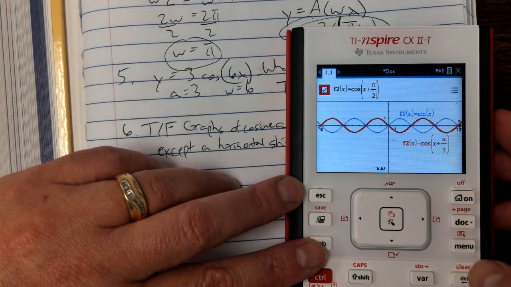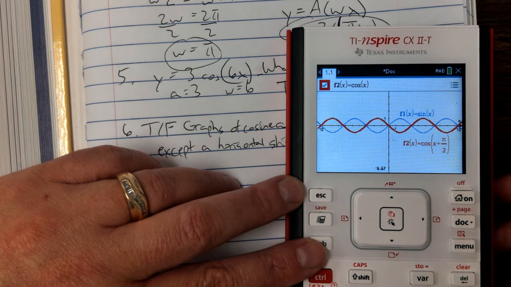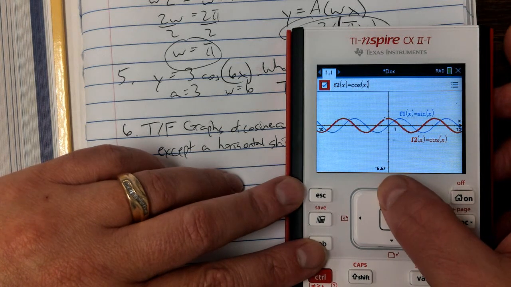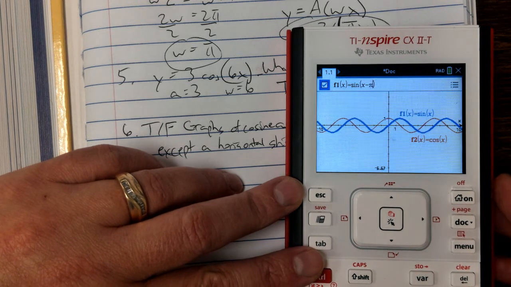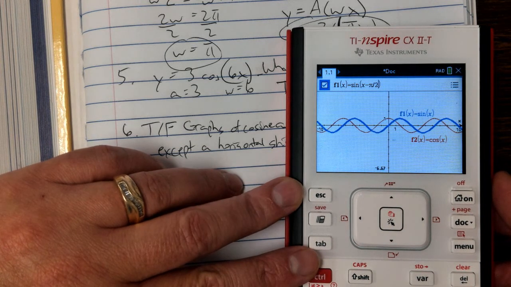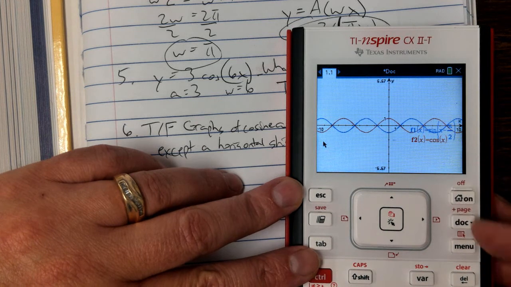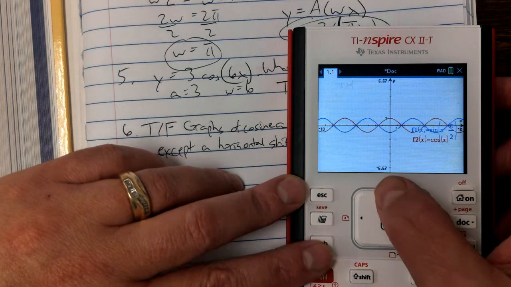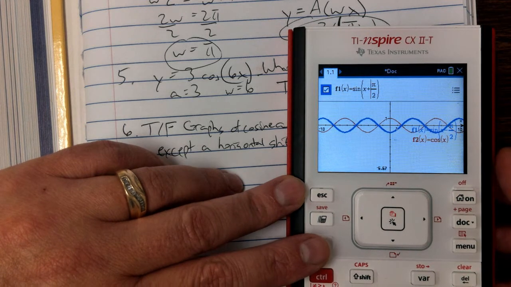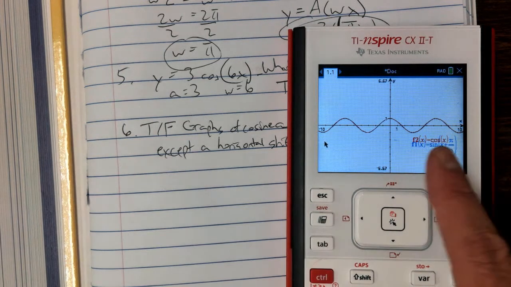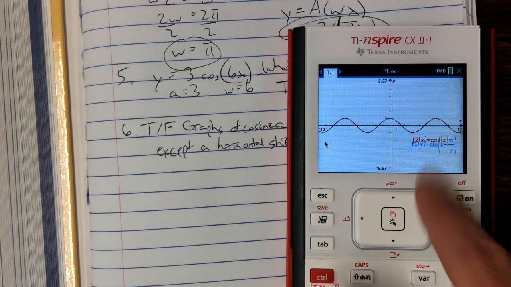So we want to leave this one alone, and we want to change our sine graph to be pi halves units over. And then, whoops, let me just change this one from a minus to a plus. There. So now you can see that it is true.